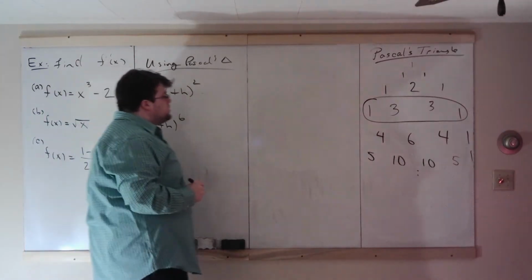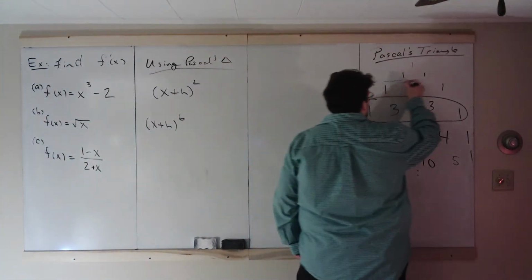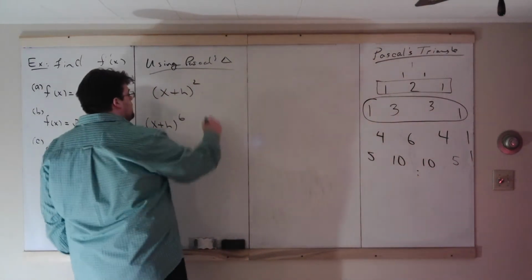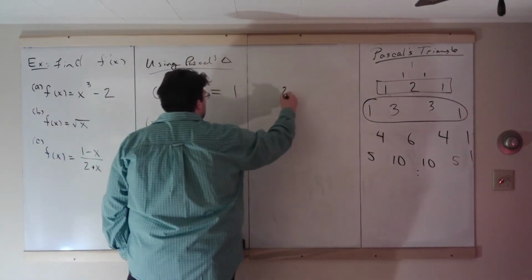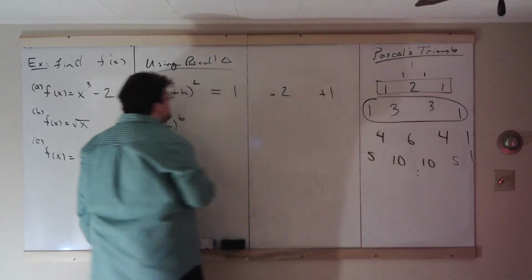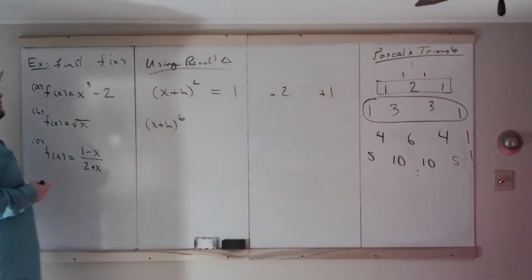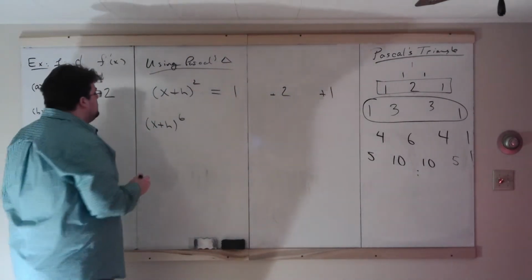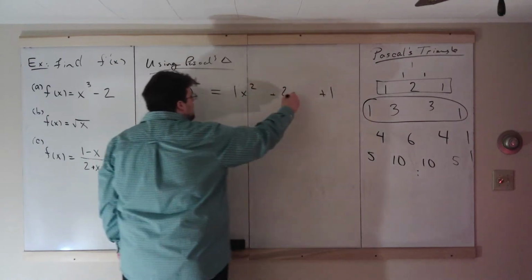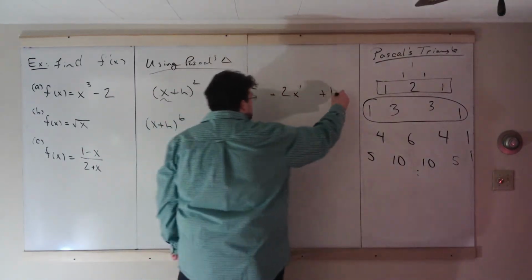Okay, x plus h squared, exponent is 2. Go to the row where the second position is a 2. Those give you the coefficients. So we have 1, 2, 1. It's positive, so we have positive signs. Now we look at our first term, which is x. We throw 2 of them on the first thing, 1 on the second, 0 on the third.